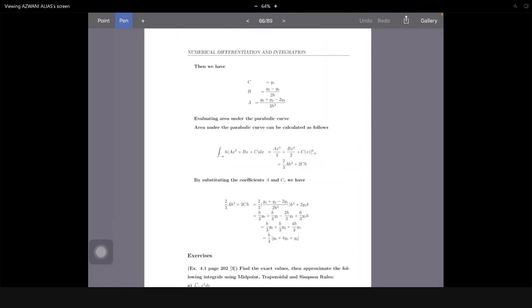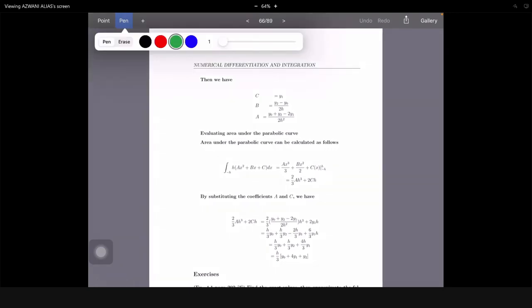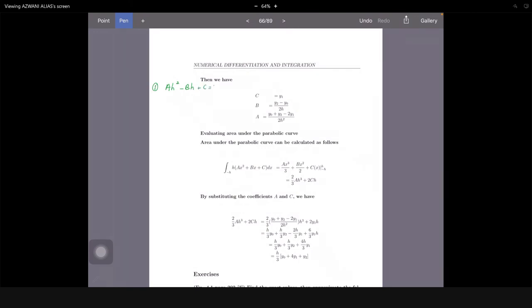Okay, so let's say from 1 tadi kita ada AH kuasa 2 minus BH plus C is equal to Y0. Dan daripada equation 3 tadi, kita ada AH kuasa 2 plus BH plus C is equal to Y2. So, solve menggunakan persamaan serentak tu kan. Tambah 2 kita dapat 2AH square, cancel out, tambah 2C.